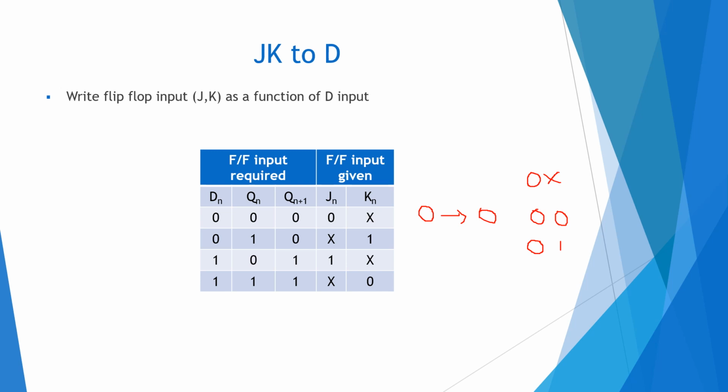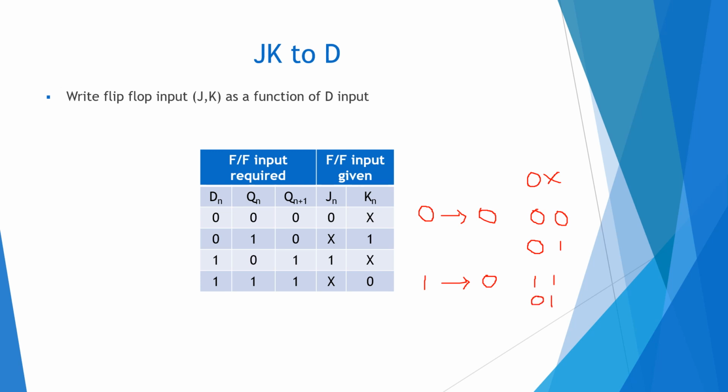Again, now let us see this state, that is when Qn changes from 1 to 0. When the state changes from 1 to 0, what will be the flip-flop input? The first condition can be a toggle state, that is 1 1, and another input can be 0 1.